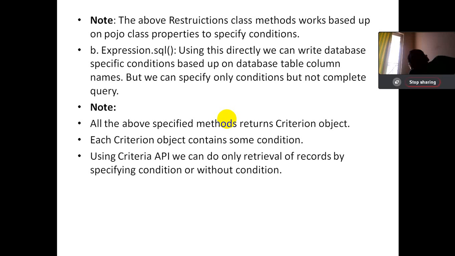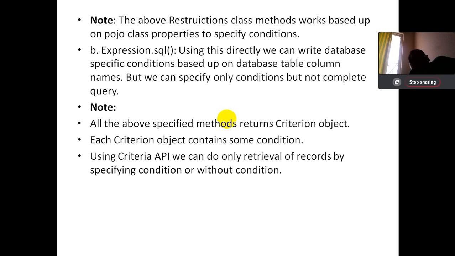Another note: all the above specified methods return a criterion object. As we have already seen, a criterion object was created by static methods of the restriction class. Each criterion object contains some condition. These methods take parameters as conditions, and these condition objects were assigned to the criterion.